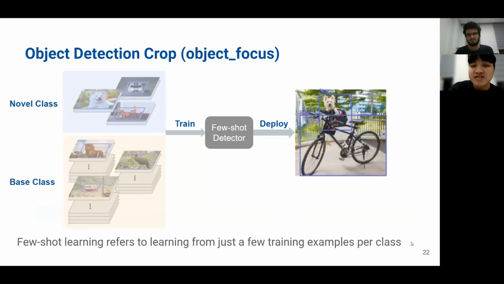And given the importance of cropping, we had the intention to do some object detection crop. Basically, we use few-shot learning, which is a learning algorithm from just a few training examples per class.